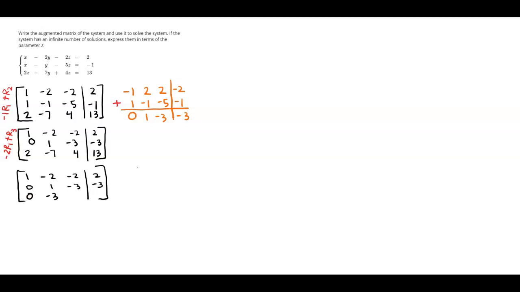But I did -2 times -2 is a +4 minus 7 is a -3. -2 times -2 is a +4 added to 4 will give me 8. -2 times a +2 is a -4 added to 13 will give me 9. All right, so I can go about it that way, but like I said, for some students it's easier to have a little bit of work out to the side to make sure that they're doing that correctly.